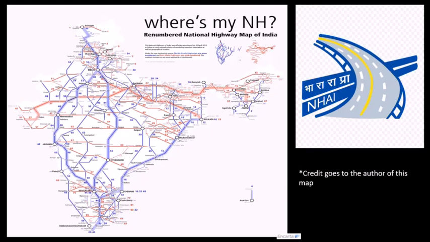The lines that are running in latitudinal direction, that is across, connecting the places of east to west, west to east like this, these are consisting of odd numbers.